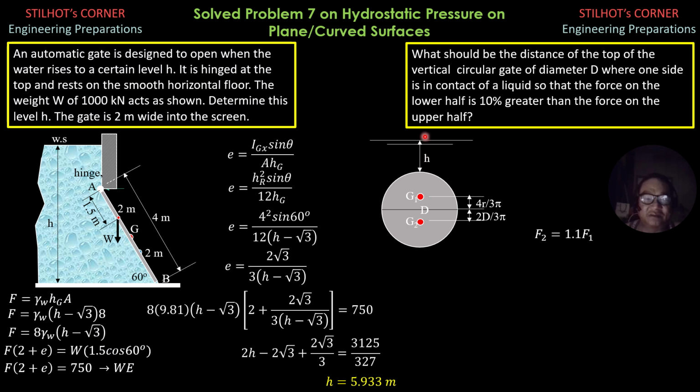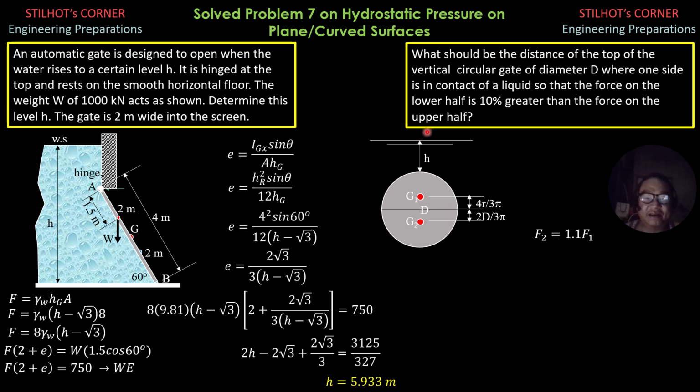That is, from the figure, small h plus half of d, 0.5d, plus this distance, which is 4r over 3 pi. Replacing r by diameter over 2, that reduces to 2d over 3 pi.